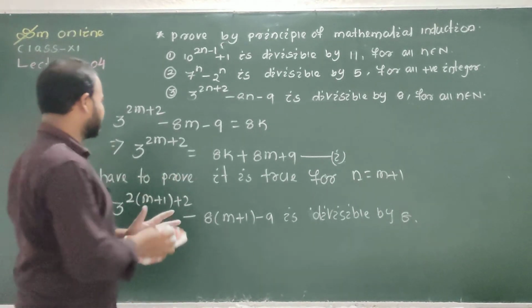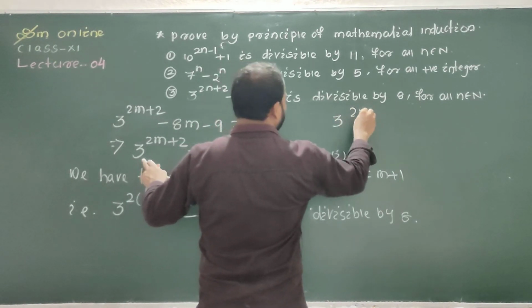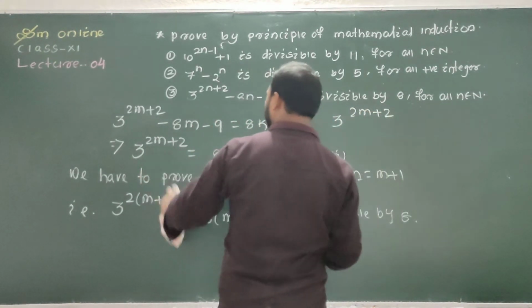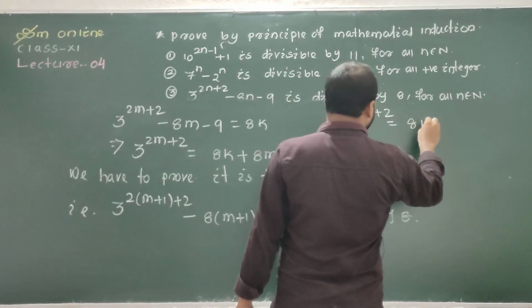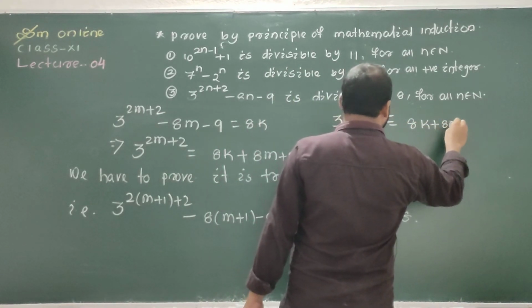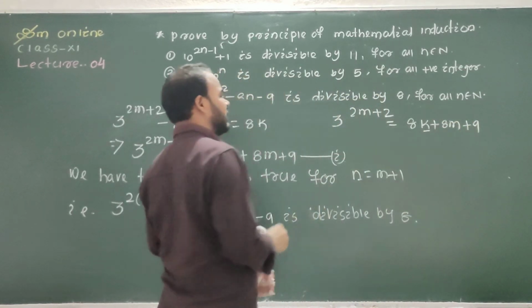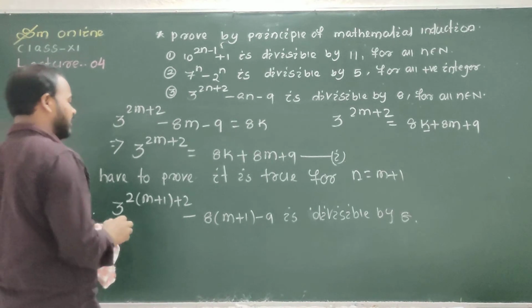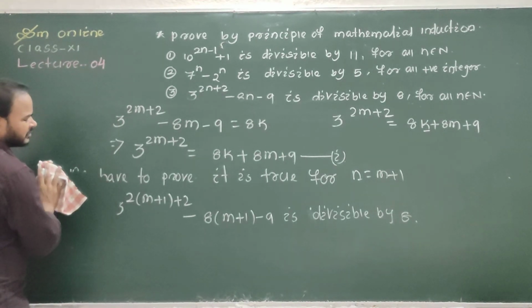We got the equation 3 to the power 2m plus 2 equal to 8k plus 8m plus 9, where k belongs to natural numbers.